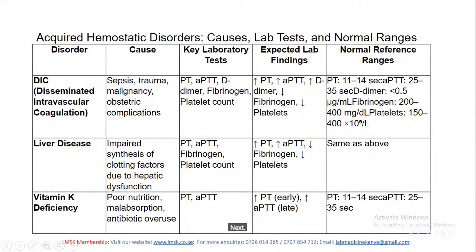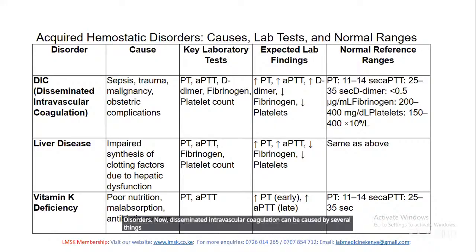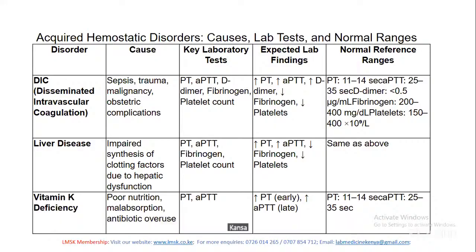Now we said there are also the acquired hemostatic disorders. Acquired hemostatic disorders are those that you don't get from your parents, and they include, one, disseminated intravascular coagulation disorders. Now, disseminated intravascular coagulation can be caused by several things. One, cancer. Two, obstetric complications.